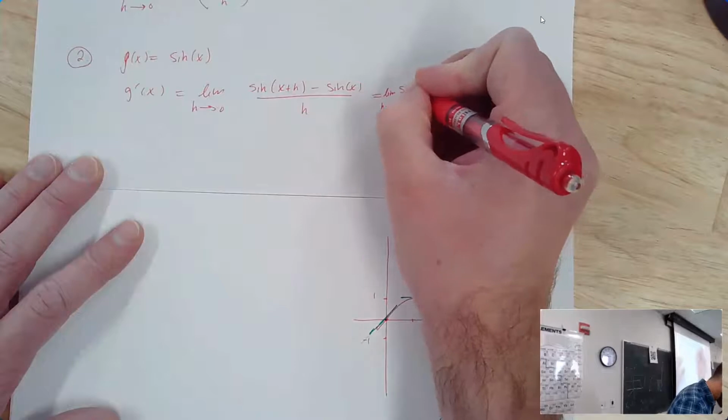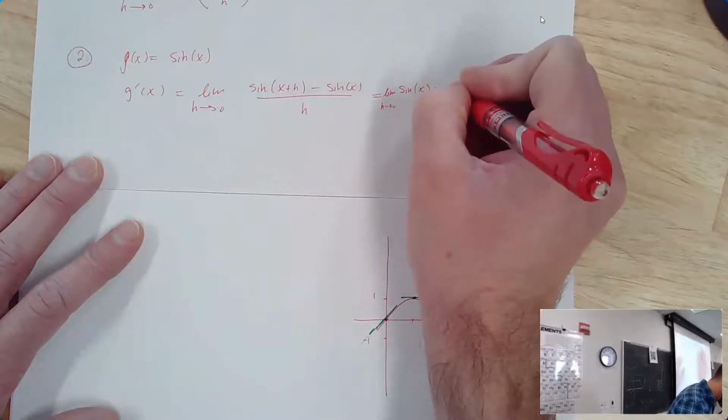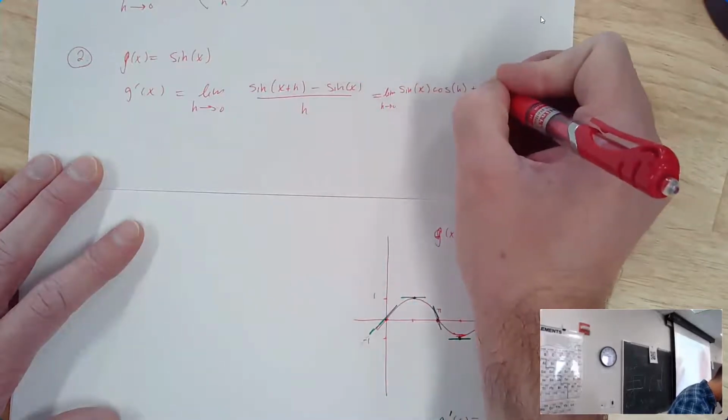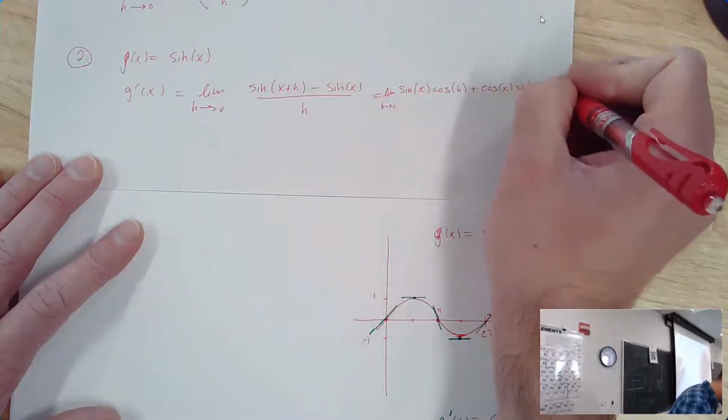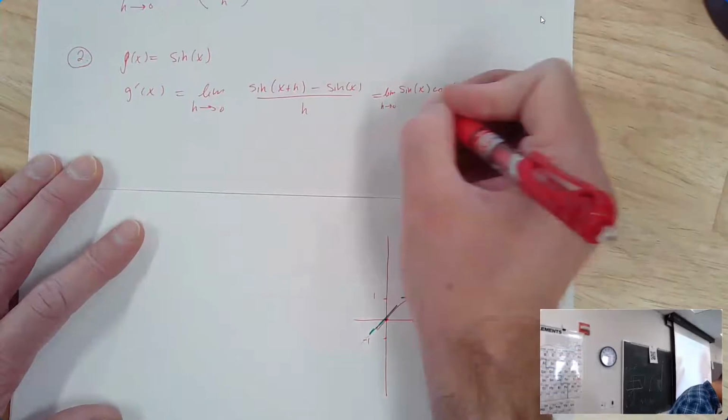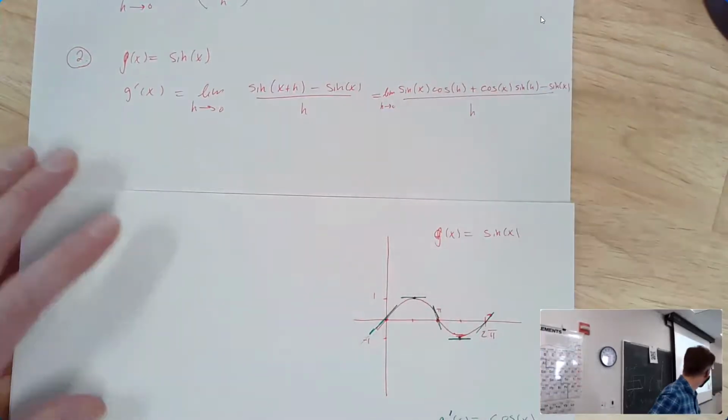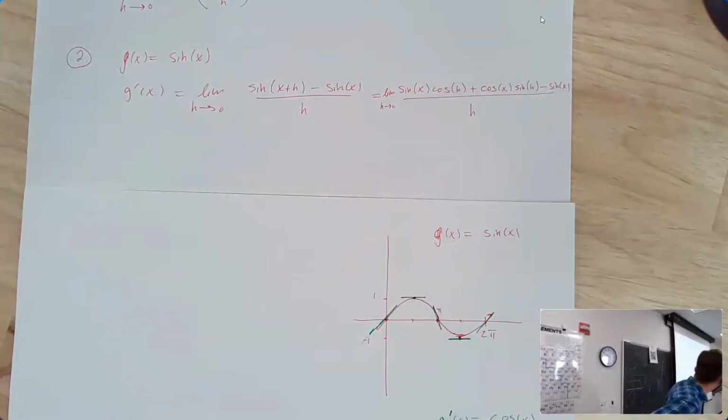It's sine of x times cosine of h plus cosine of x times sine of h minus sine of x, all over h. Which seems not particularly helpful, maybe. So here's what we're going to do: group some things together.